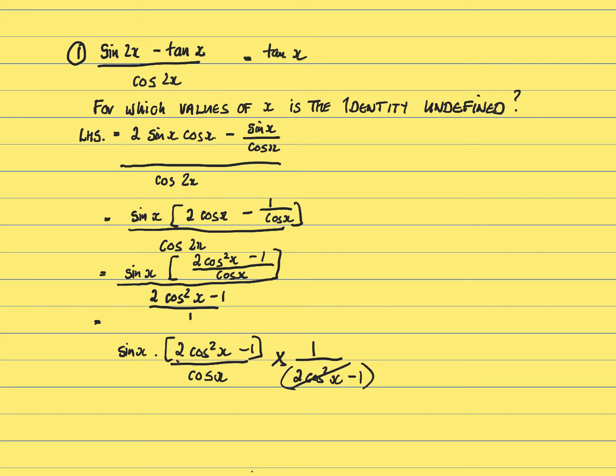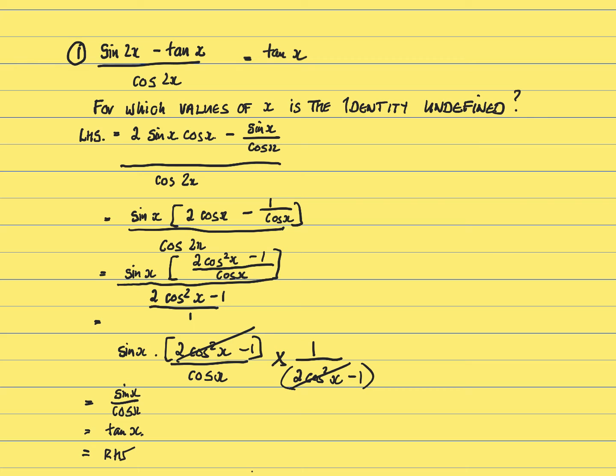That and that will cancel, and I'm left with sine x over cos x, which we know is equal to the tan of x, which is equal to my right-hand side.